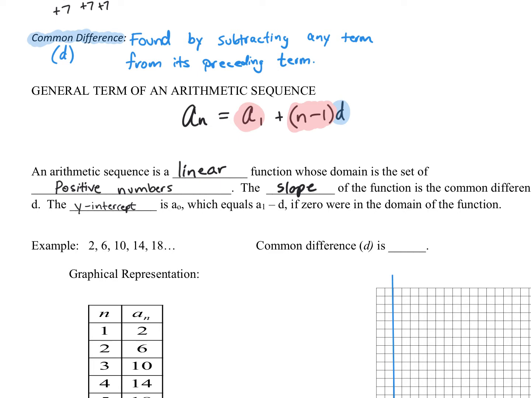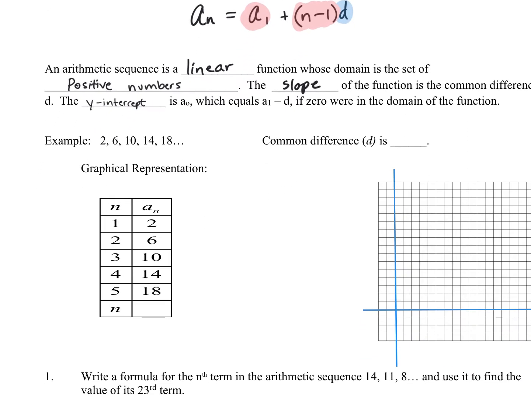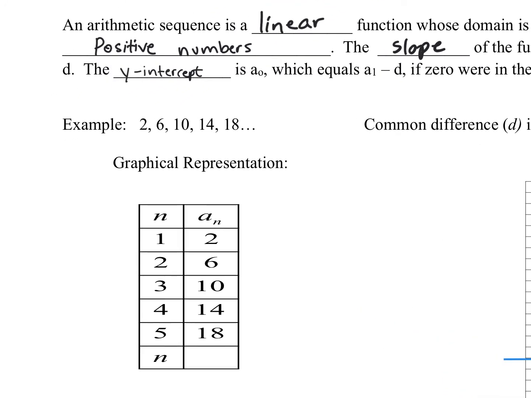Now, we won't usually have a y-intercept on these because we define the domain of an arithmetic sequence as positive, so the y-intercept is more theoretical and just draws a connection to what we saw back in Algebra 1.